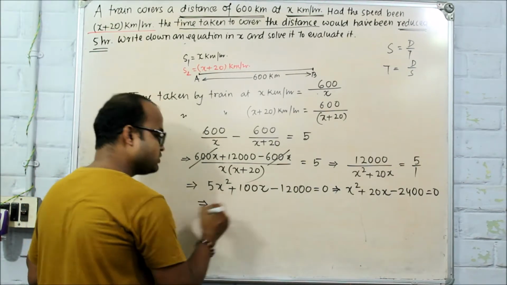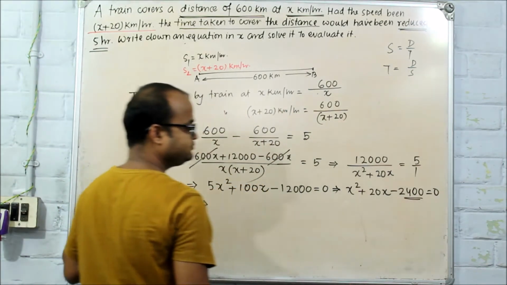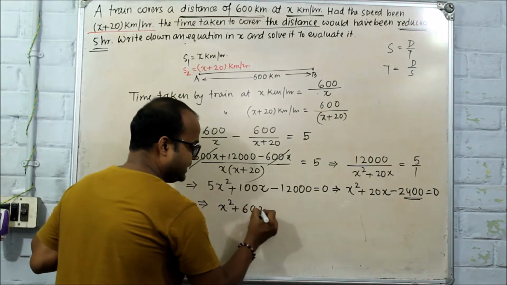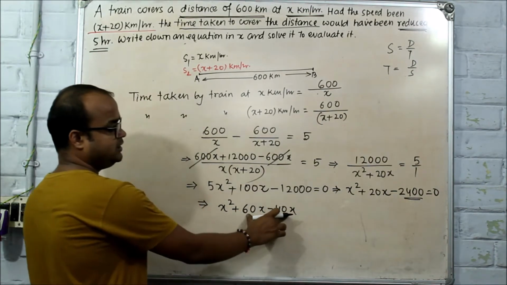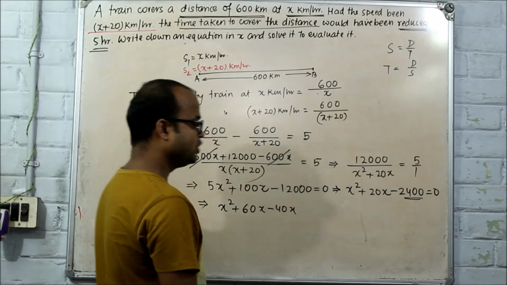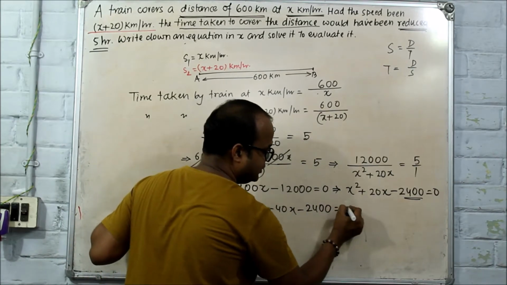Here I am going to solve it by factorization. So for 2400, your middle term will be x square plus 60x minus 40x, because 60 and 40, if you subtract, you will get 20, and if you multiply, you will get 2400. So minus 2400 is equal to 0.